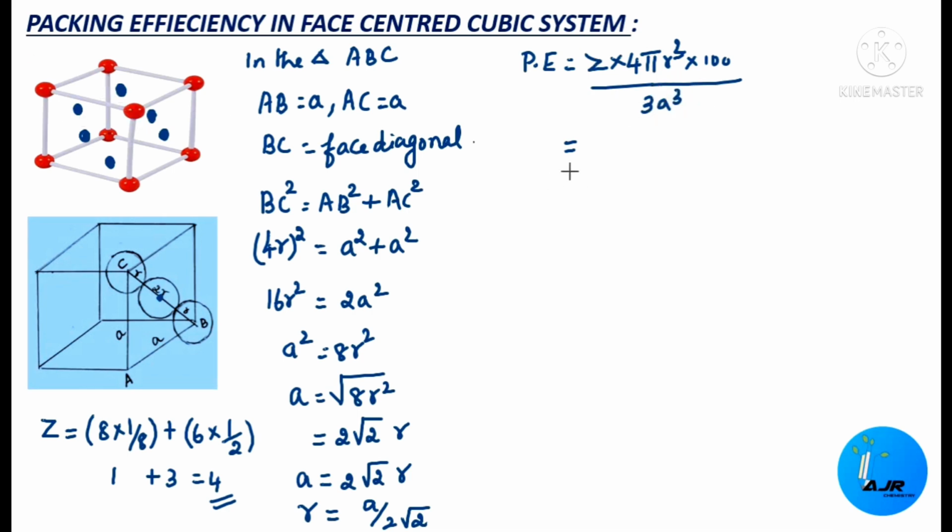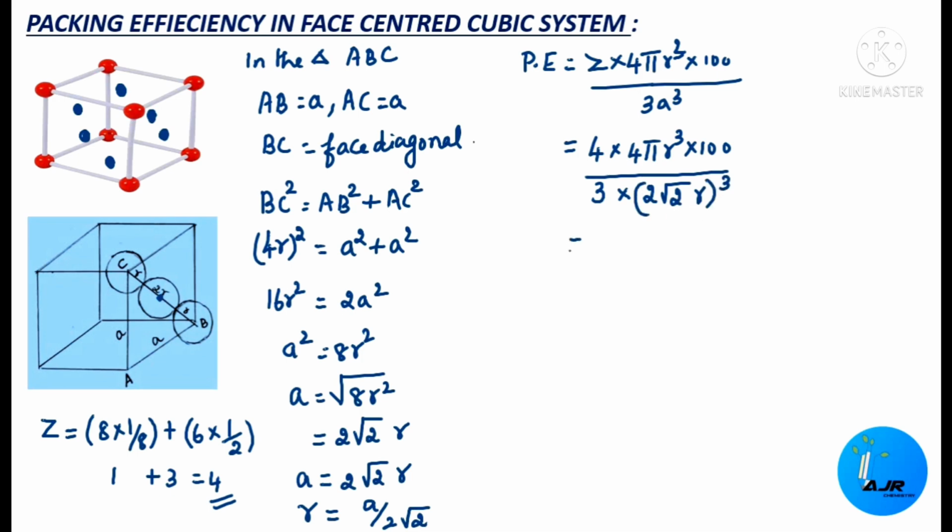Z is 4, and A is 2 root 2 R, is it not? So it becomes 3 into 2 root 2 R, with R outside.